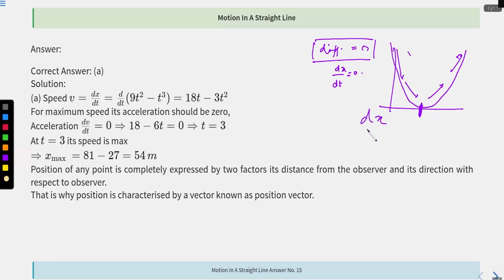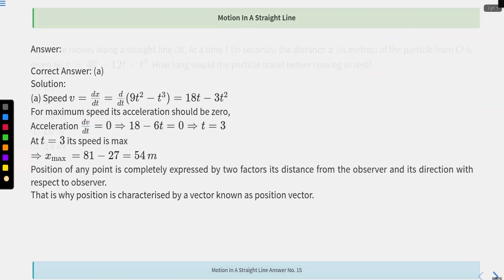That means dx by dt is at this specific position. I just needed to give you an example of a parabola. You can take any other. For maximum speed, its acceleration should be 0, right? dv by dt is 0. Just one learning over here. Rest of all these things are going to be the same.